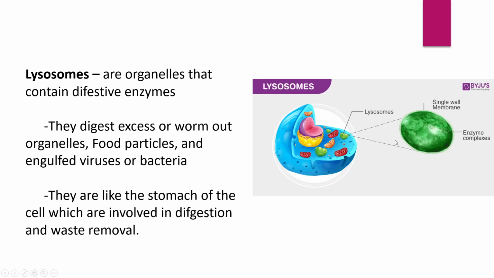Lysosomes are organelles that contain digestive enzymes. They digest excess or worn out organelles, food particles, and engulf viruses or bacteria. They are like the stomach of the cell, which are involved in digestion and waste removal.